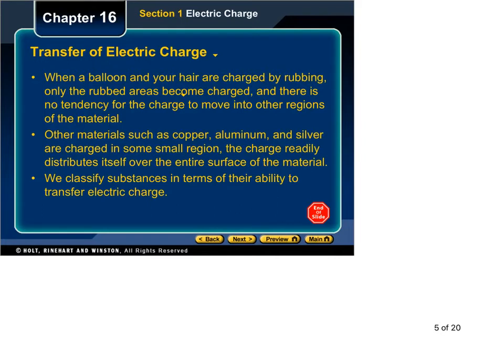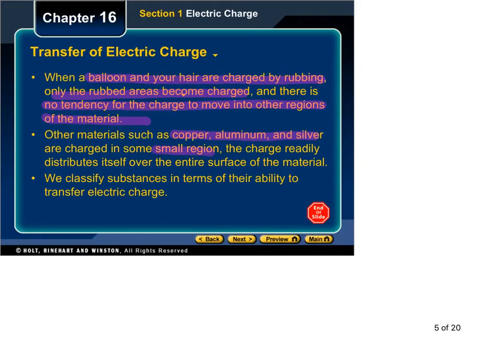So, if you rub a balloon on your hair, only the rubbed areas become charged, and there's no tendency for charge to move in other regions of the material. Other materials, such as copper, aluminum, silver, can be charged in some small region.